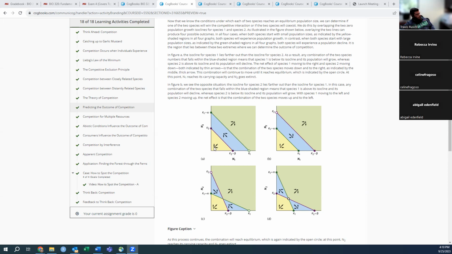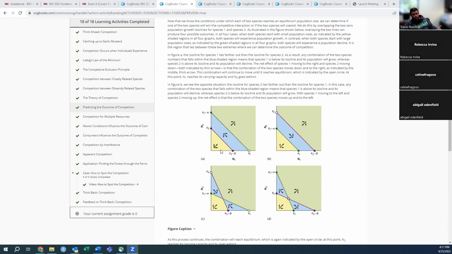The y-axis shows the growth of population two. So as we go up, that means population two is increasing in number. As we go to the right, that means population one is increasing in number. So these two smaller arrows show population two is going up and population one is going over.